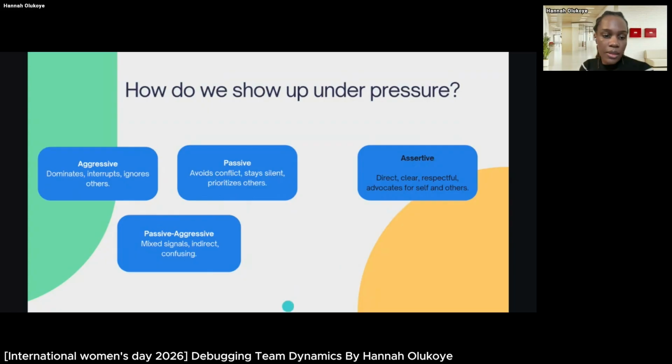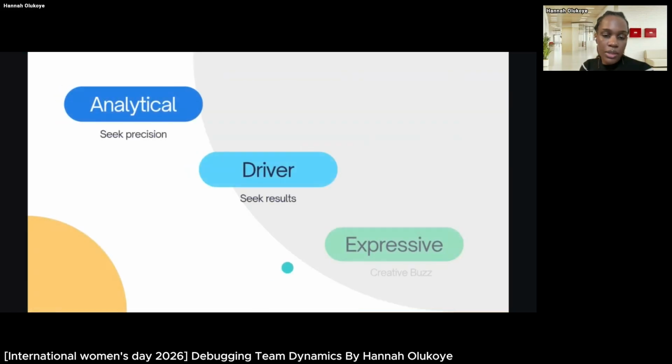So one example of how to think about it within the team is to try and analyze for yourself: are you analytical? Do you seek precision when you're trying to communicate? Are you a driver? Do you seek results? Or are you expressive, someone who brings out the creative buzz within the team?